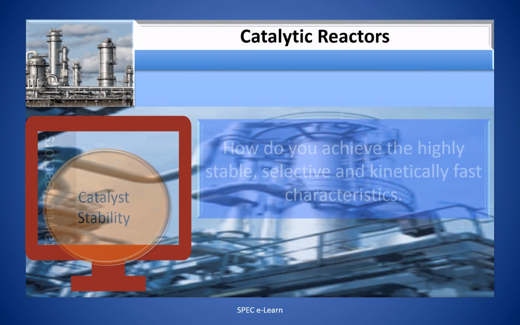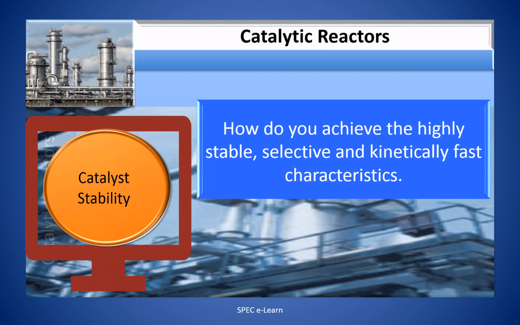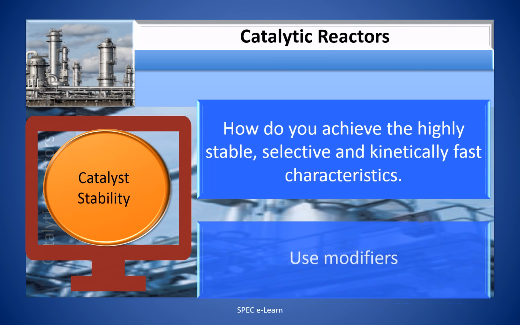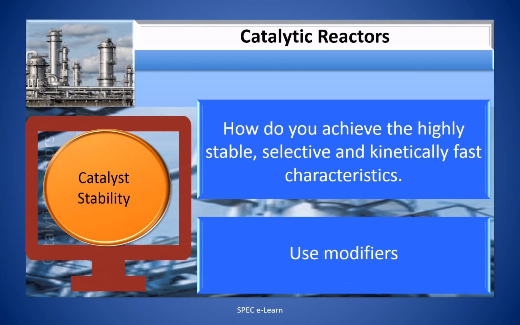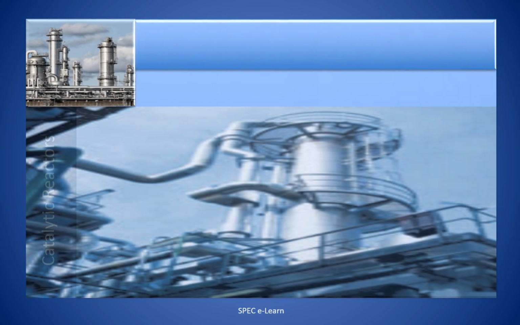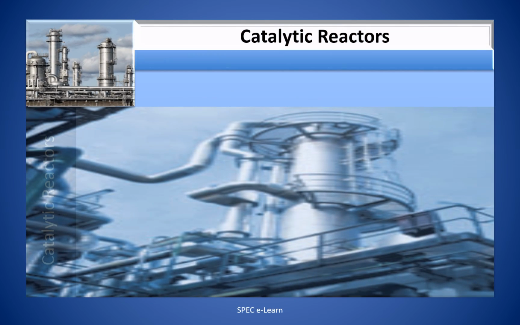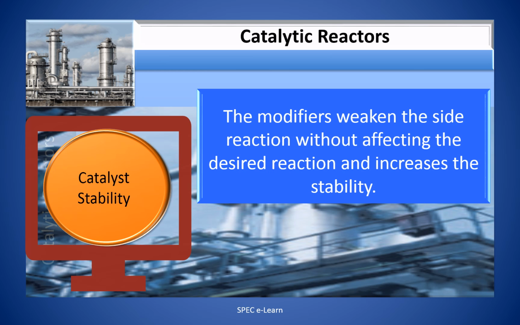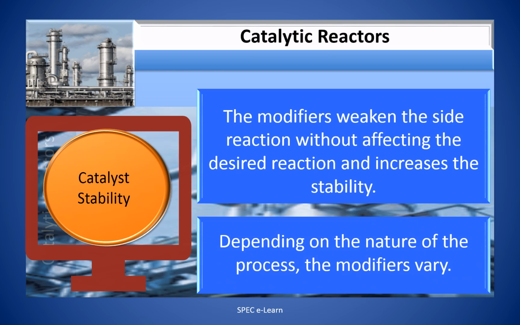How do you achieve the highly stable, selective and kinetically fast characteristics? That is by use of modifiers. The modifiers weaken the side reactions without affecting the desired reaction and also increase the stability. Depending on the nature of the process, the modifiers vary.